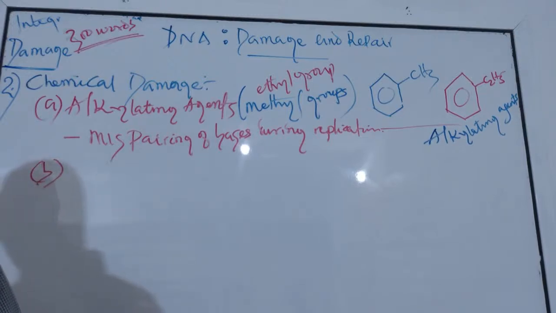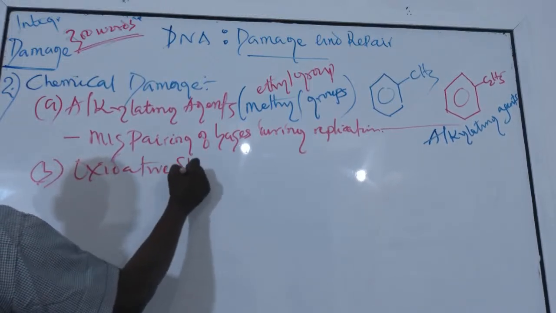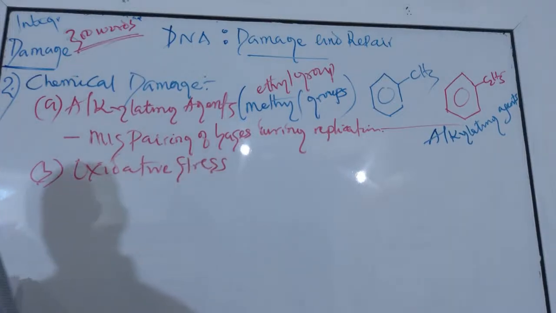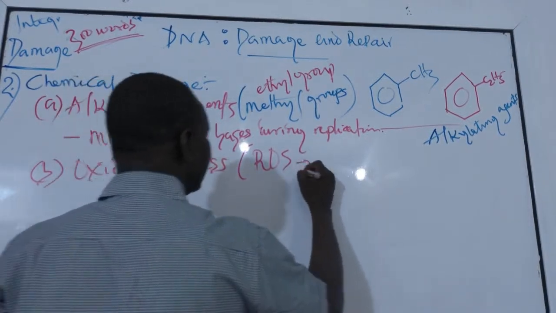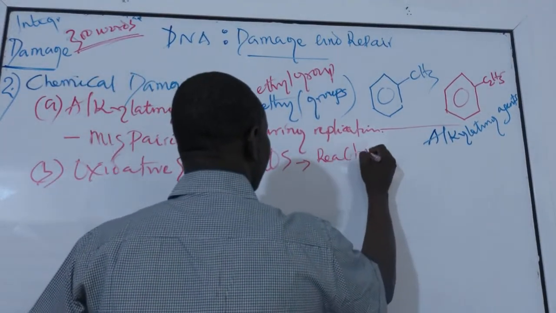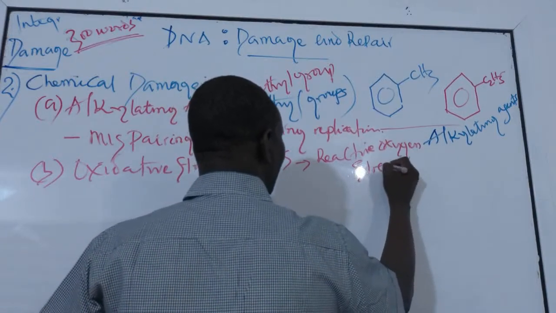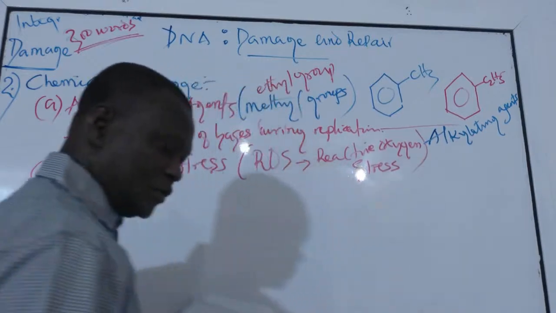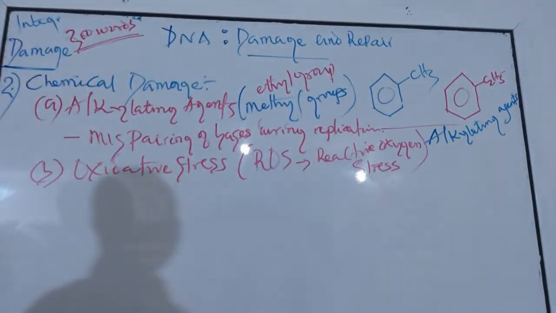we have oxidative stress. Just like what I said in the other types, oxidative stress is as a result of something they call ROS, reactive oxygen stress. Those in environmental biology will know much about ROS because it's a known toxicant.